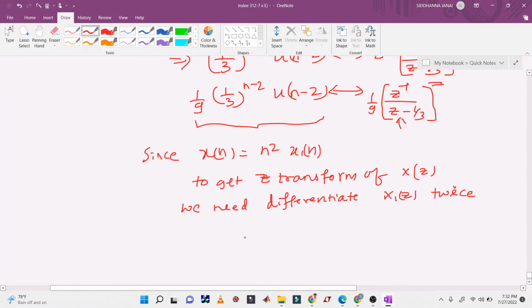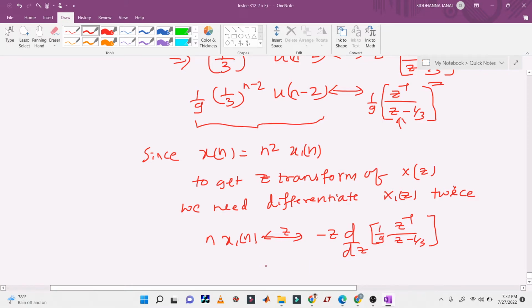So n into x1 of n z transform is minus z d by dz of z inverse z minus 1 by 3, that is 1 by 9 is also there, that is a constant.